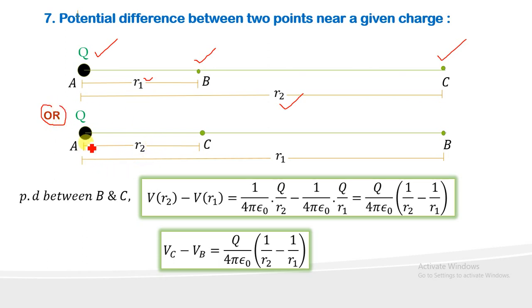Here the second case is also there. From this point charge Q, at a distance r1 there is a point B, and at a distance r2 there is a point C. Here r1 means initially point B is at a distance r1 from A, and r2 is the final distance of the point C from A.